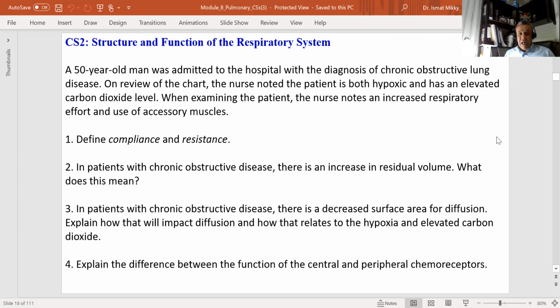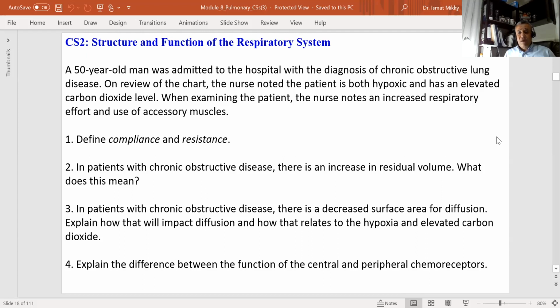So the air is trapped in the alveoli, and the residual volume will be increased. Now, clients with asthma and chronic obstructive disease will both have an increased residual volume.